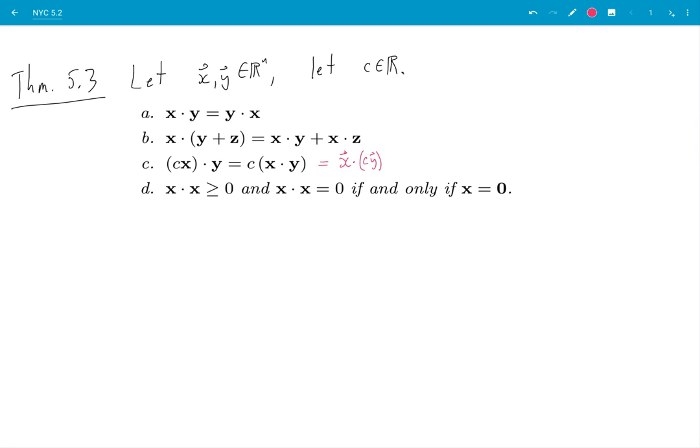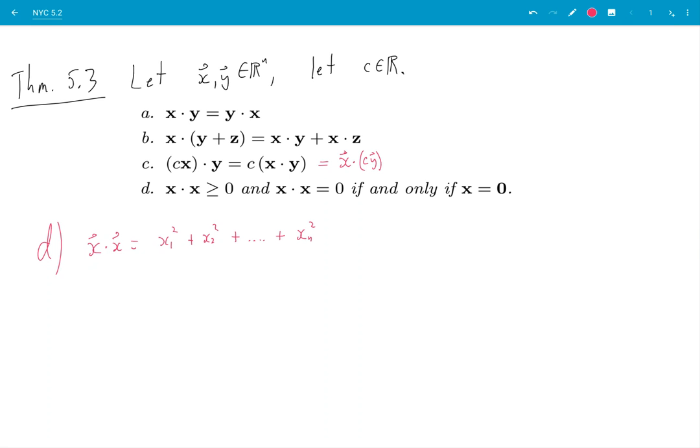When you do x dot x, what do you get? Well, x dot x is x1 squared plus x2 squared plus dot dot dot plus xn squared. Now what?